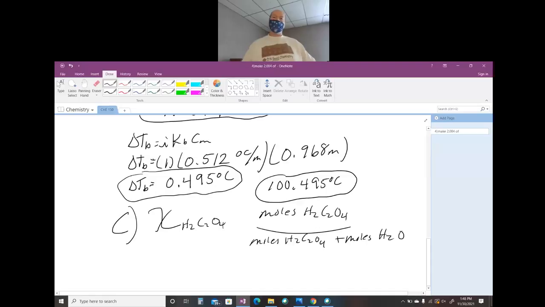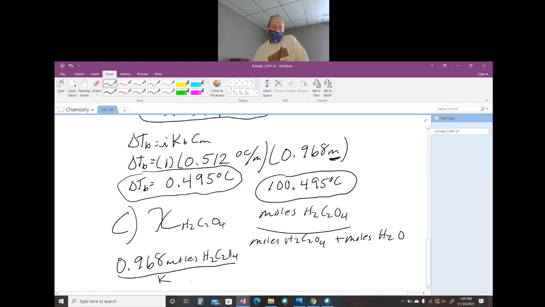All right, and so you need to know the units for little m. If you know the units for little m, then this is not a hard question. If you don't, it's an impossible question. 0.968 moles of solute. The solute is the weak acid, H2C2O4. Per kilogram of solvent. The solvent is water.